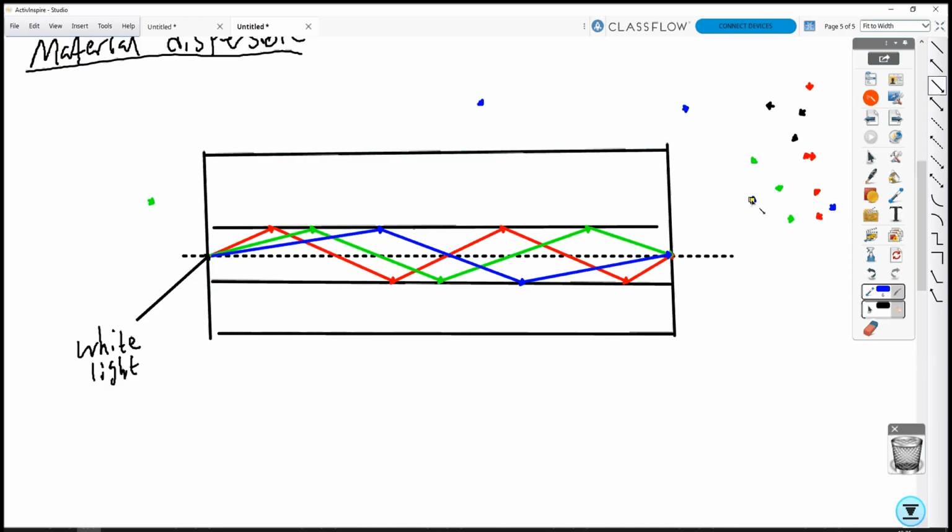So now you can see if you use white light in a fiber optic, you don't just get pulse broadening due to modal dispersion, that different light rays enter at different angles, but also you get another type of dispersion, which is that white light is made of different colors.